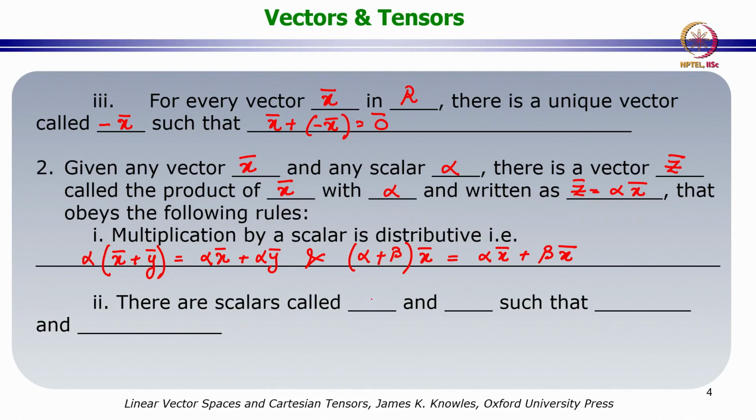So there are scalars called 0 and 1, such that when I multiply 0 into x bar, I get my null vector, and when I multiply 1 with my vector, I get the same vector back. Okay. So this way I am able to get the rules for my vector space. So this sets up the rules that are required for defining something called vector space.